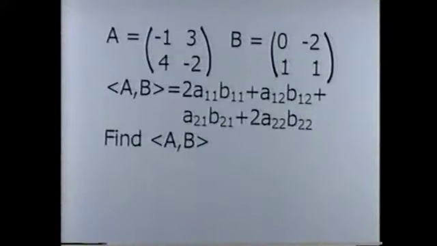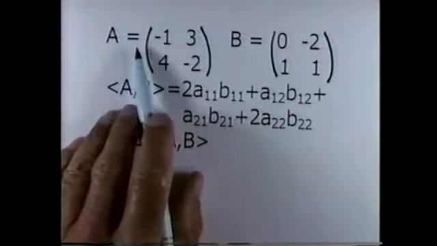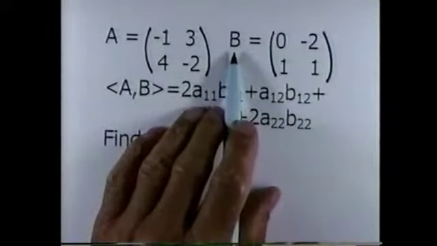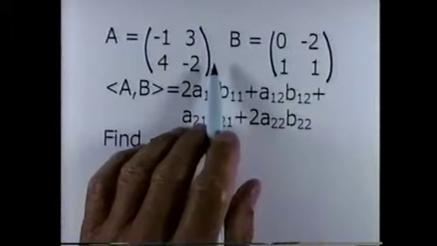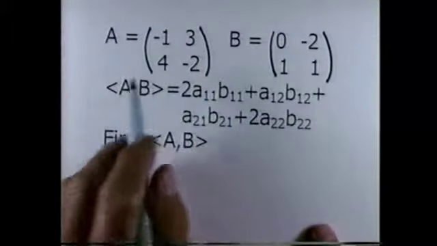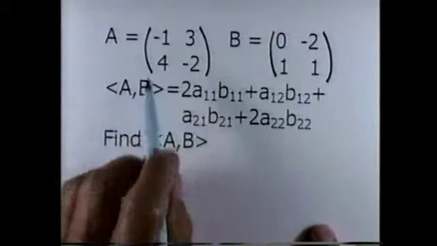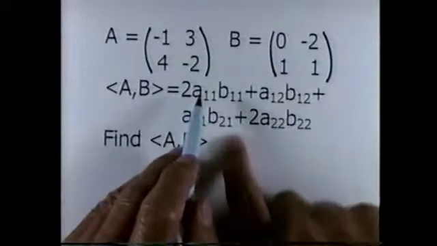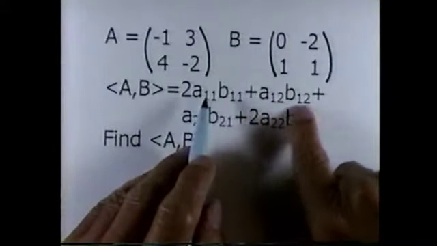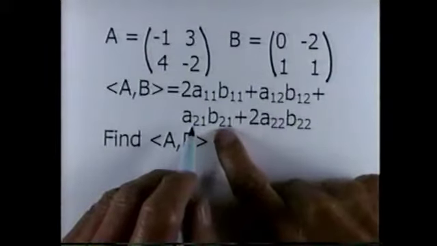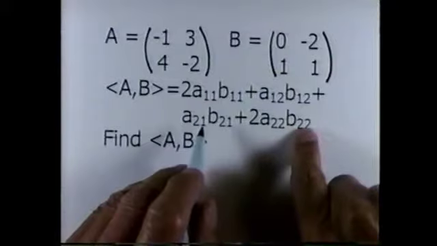Let's look at an example. Let A and B be vectors from M2,2, in other words, the set of all 2 by 2 square matrices. We'll define the inner product between A and B to be 2 times A11 times B11 plus A12 times B12 plus A21 times B21 plus 2 times A22 B22.